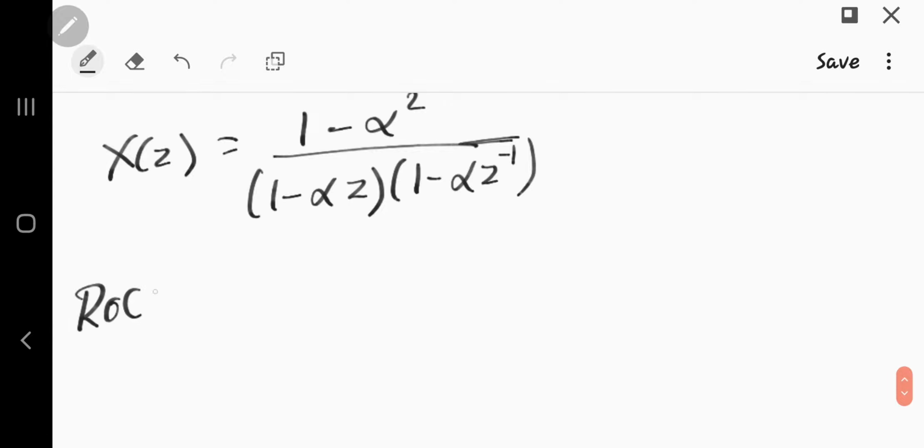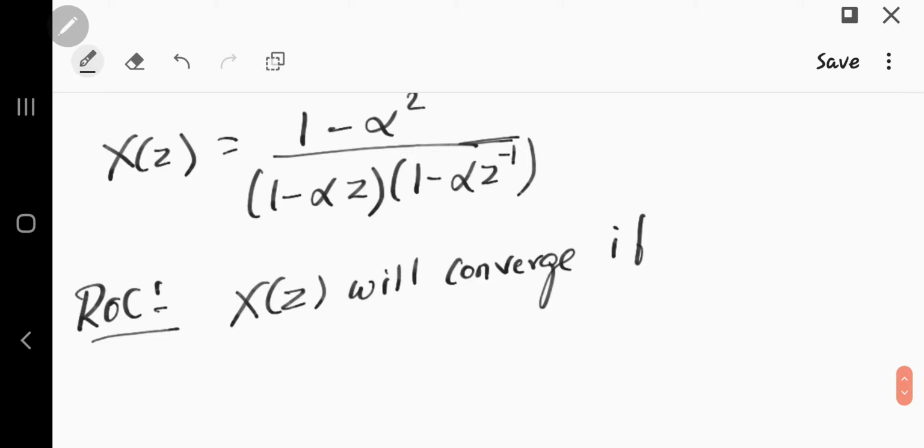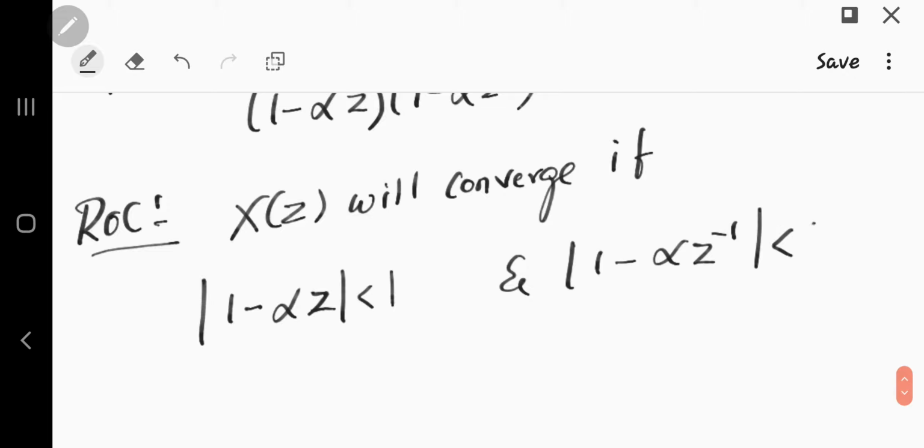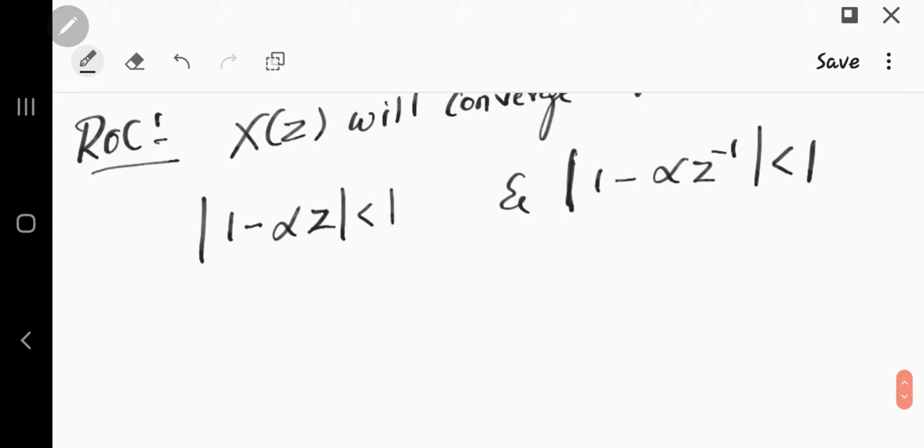Now coming to this ROC, x of z will converge if 1 minus alpha z is less than 1 and 1 minus alpha z inverse is less than 1. Okay.